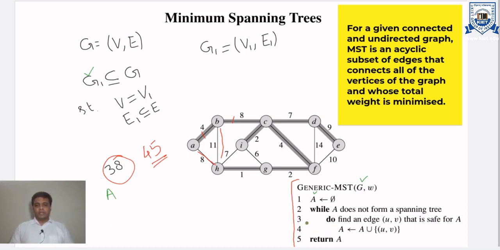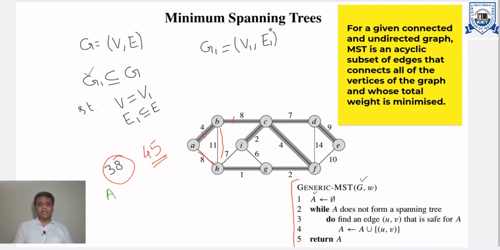Now what are we doing in steps 3 and 4? Find an edge UV that is safe for A, and then if it is safe, combine it with A. So we pick an edge and we check whether it is safe or not. Now what is the meaning of safe?